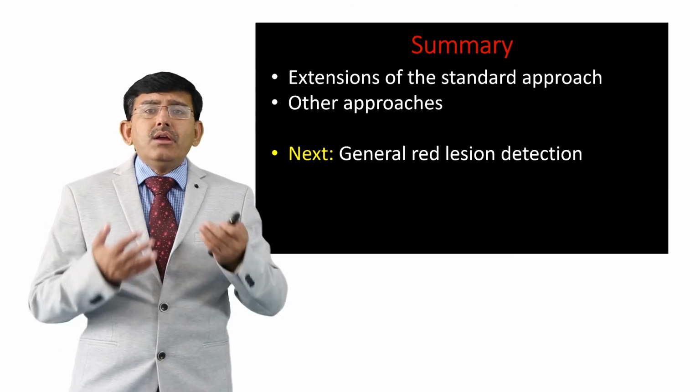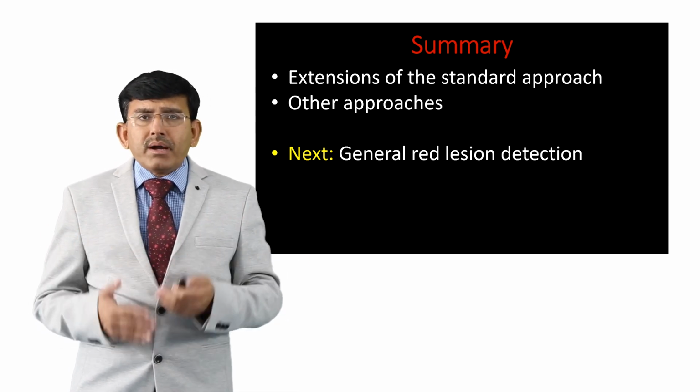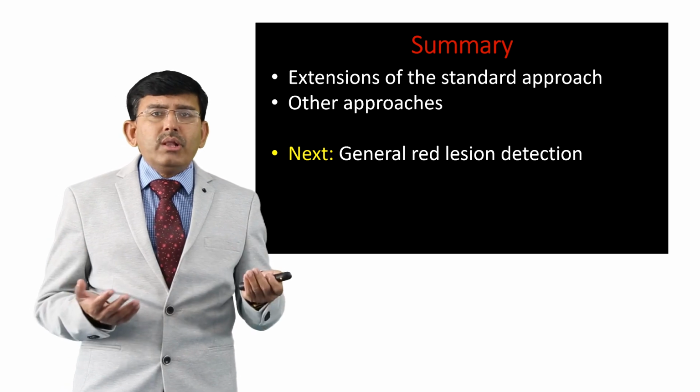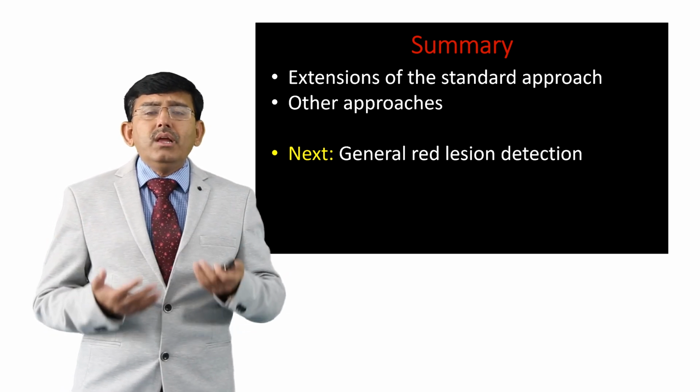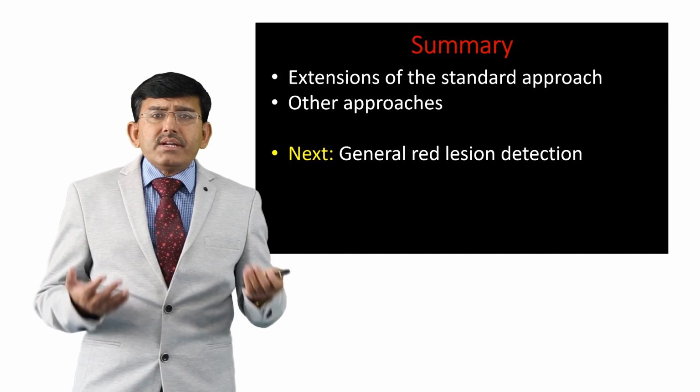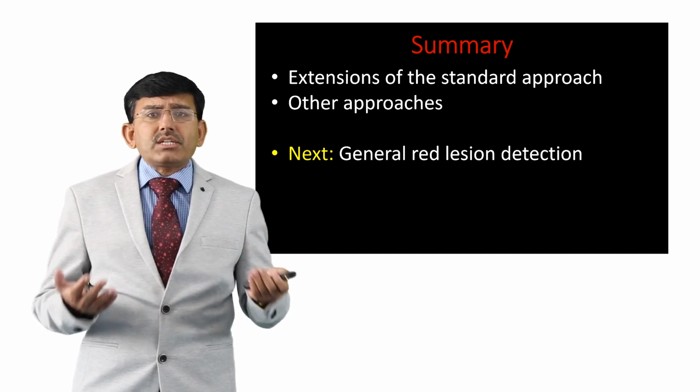Hence, that is why we have covered more detail in this particular module. In the next successive module, we will go for the general red lesions detection process, and along with that we will also come across other methods used for classification too.